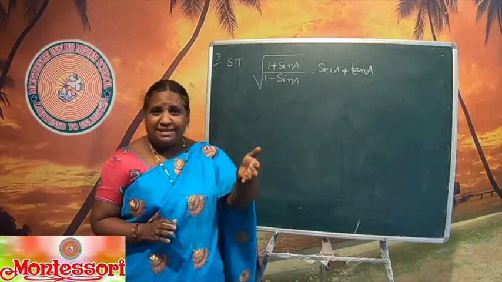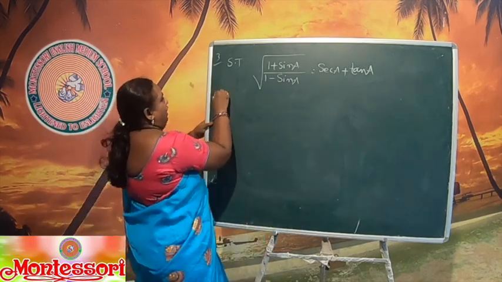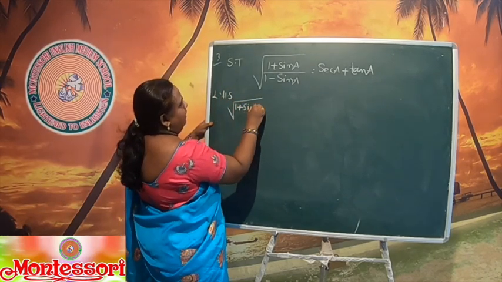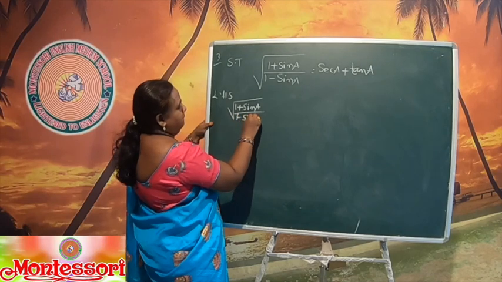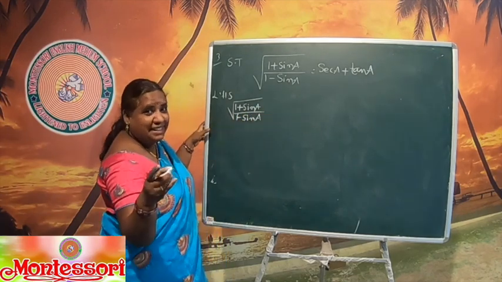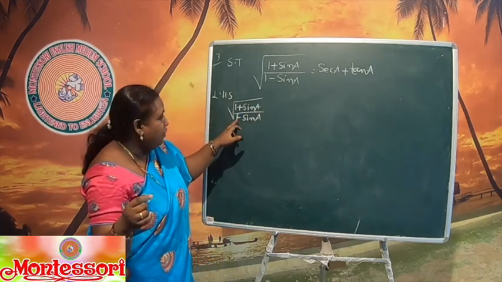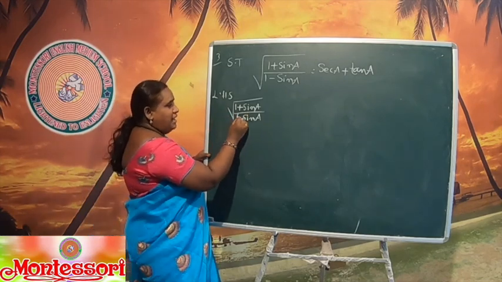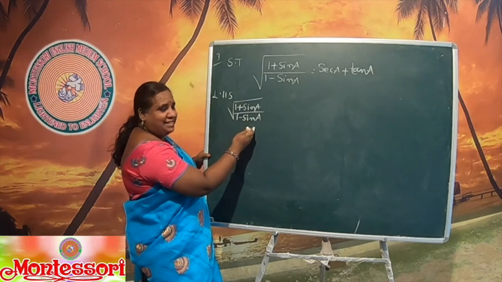As I told before, shall we go to LHS? LHS is the square root of (1 plus sin A) by (1 minus sin A). As you did in 9th class, rationalization. To remove this square root, first bring it into square form. For that, what is the conjugate, the opposite sign?